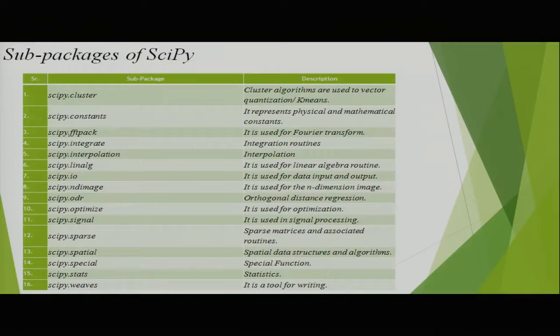Then Fourier transforms, integration routines, interpolation, linear algebra routines, and data input-output. The n-dimensional image, orthogonal distance regression, optimization, which we will be discussing a little later. Then signal processing, sparse matrices and associated routines, spatial data structures and algorithms, special functions, statistics, and it's also used as a tool for writing.